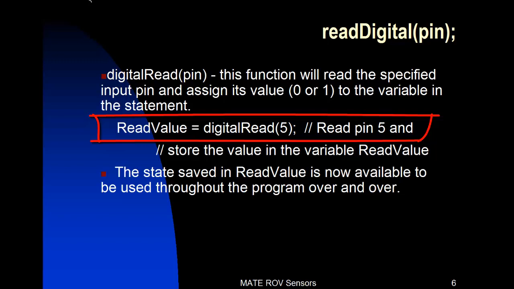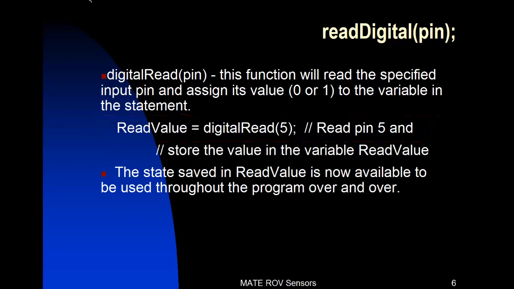So that statement there will read pin 5 and store its value in the variable read value. Once it's in there, you can use that over and over again until it's changed. Throughout the program you can continue to read it over and over, and it will stay at that value until you change it.